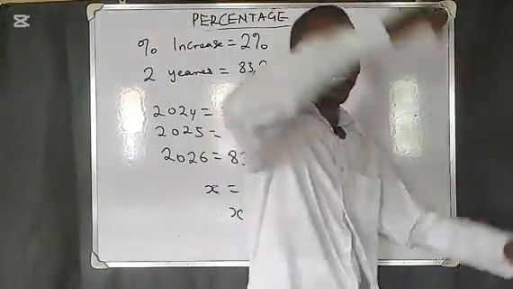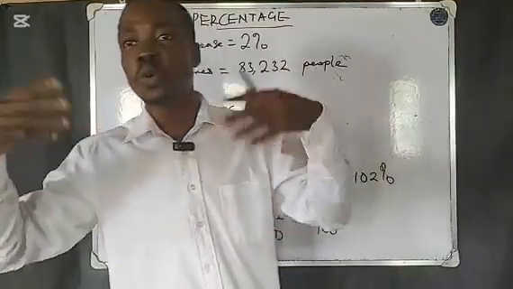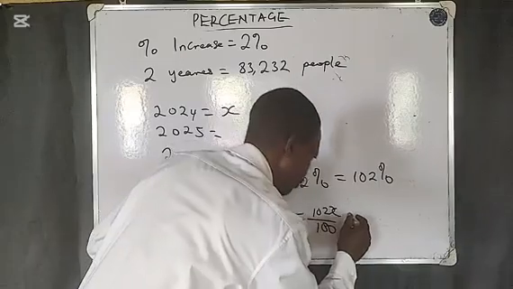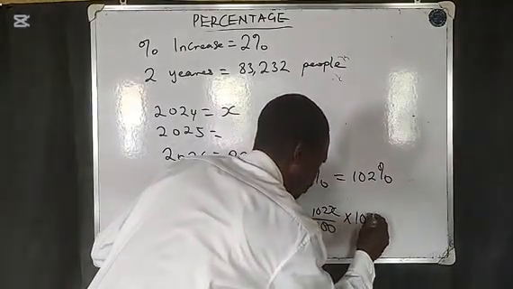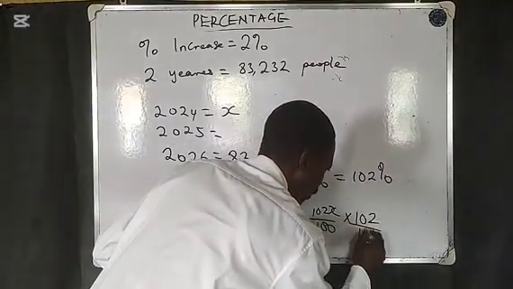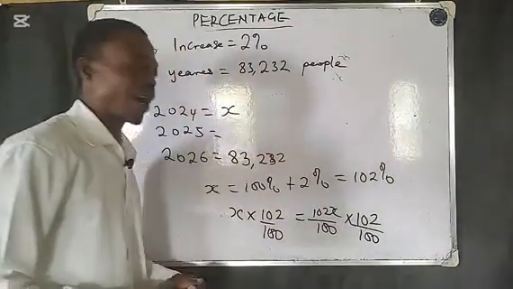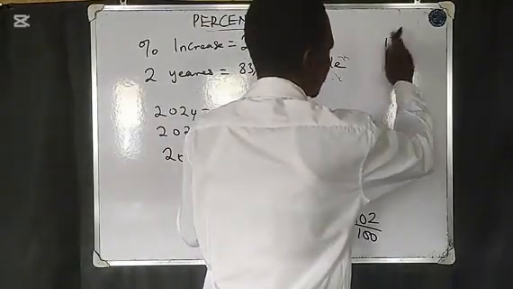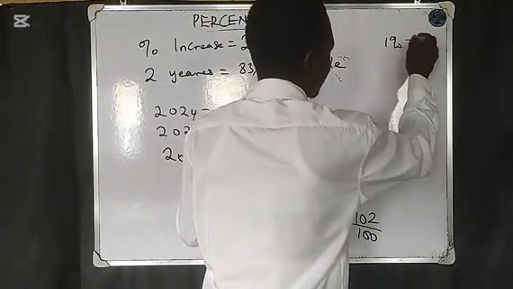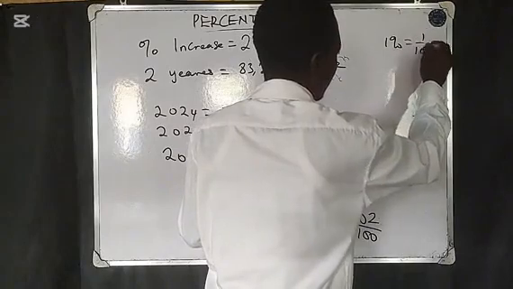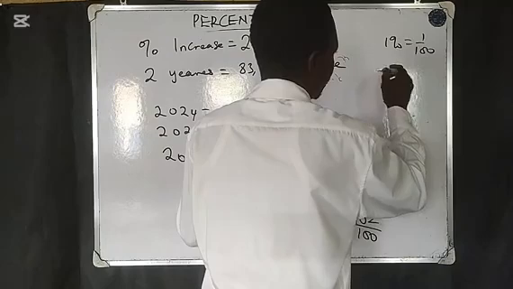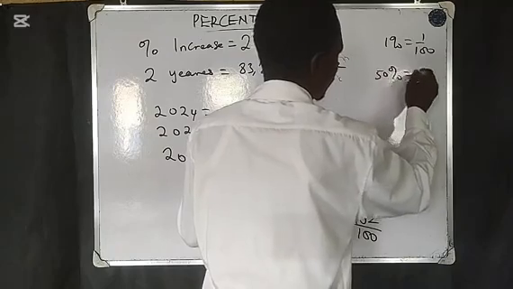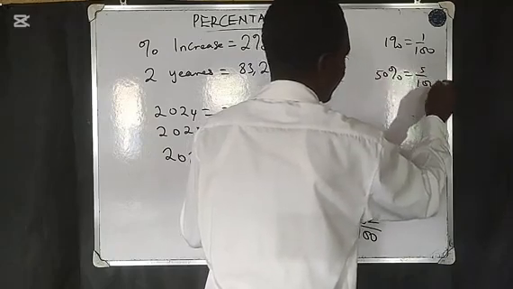To increase it for the next year, you multiply again by 102%, meaning 102 over 100. 1% is equal to 1 over 100. 50% is equal to 50 over 100. Am I right?